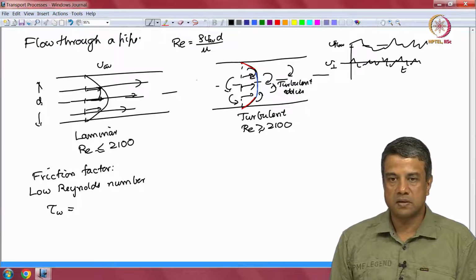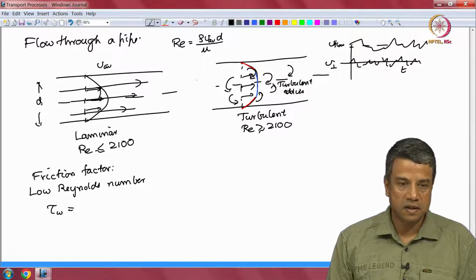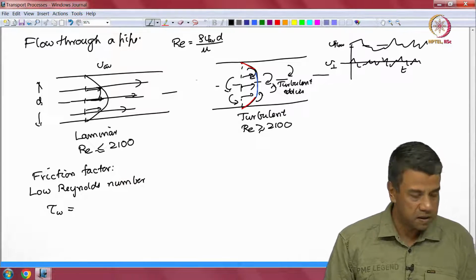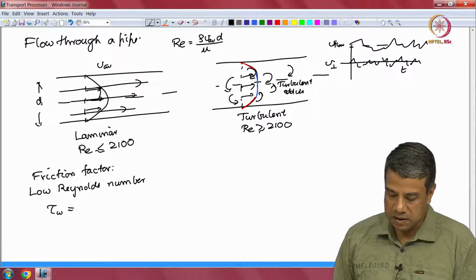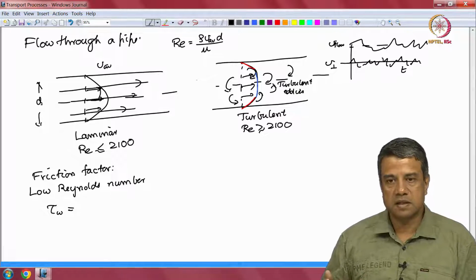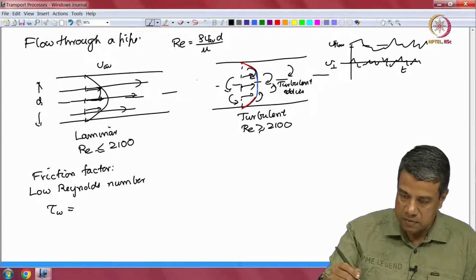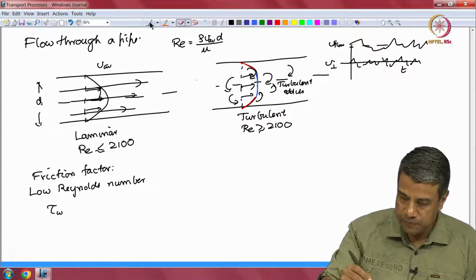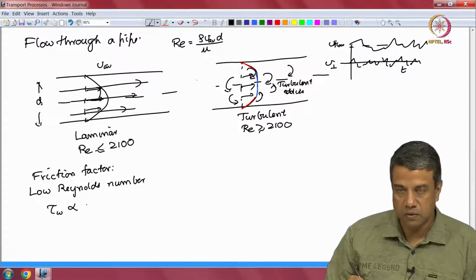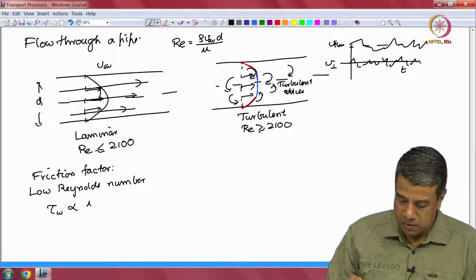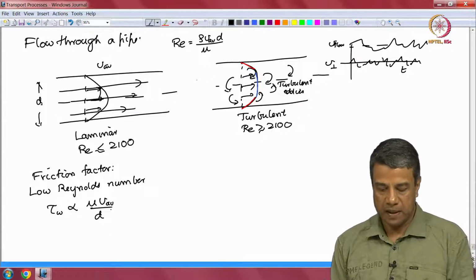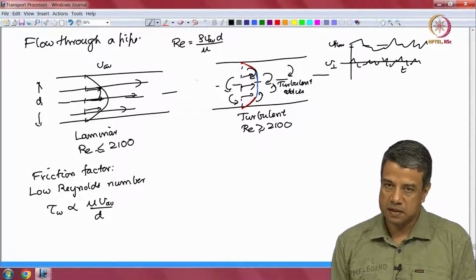So, the stress can only depend upon the viscosity, the velocity and the characteristic length scale. And from dimensional analysis or from Newton's law of viscosity, you know that at low Reynolds number this tau w has to be proportional to mu times V average by d, just from dimensional analysis.